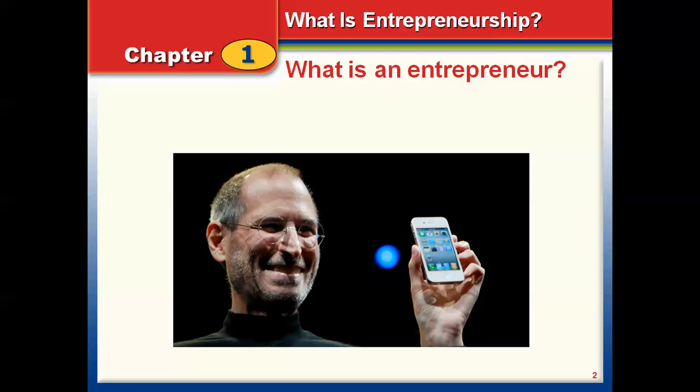And specifically, that means an entrepreneur is an individual. It's not a team of people. It's not a corporation. It's one person, the Lone Ranger. And that person undertakes the creation of something from nothing.